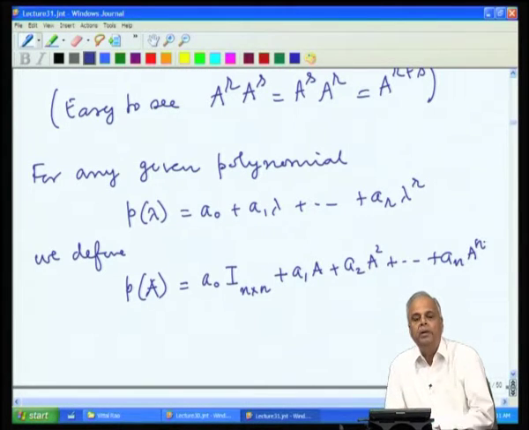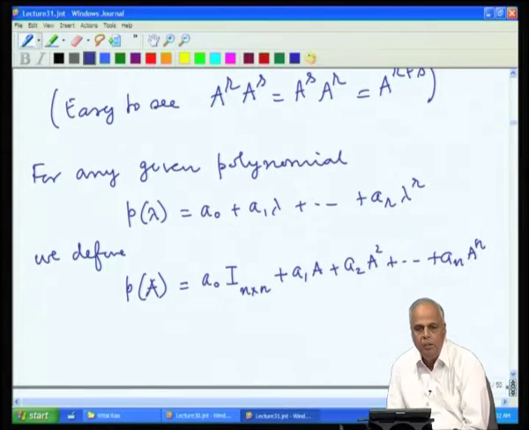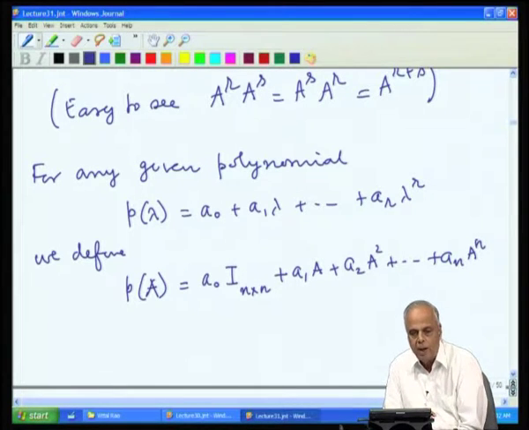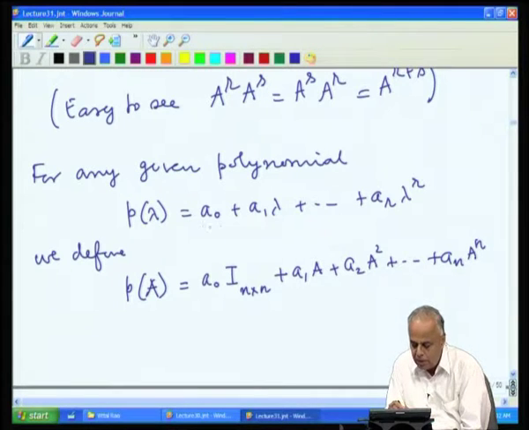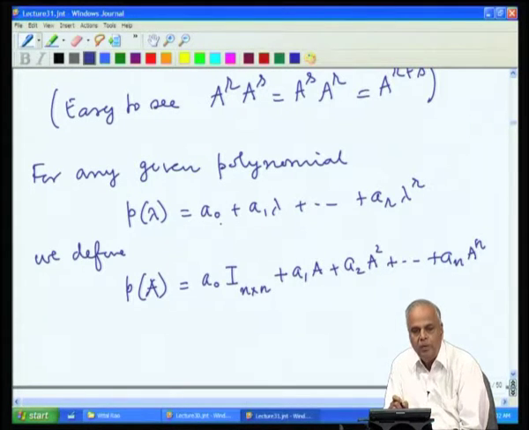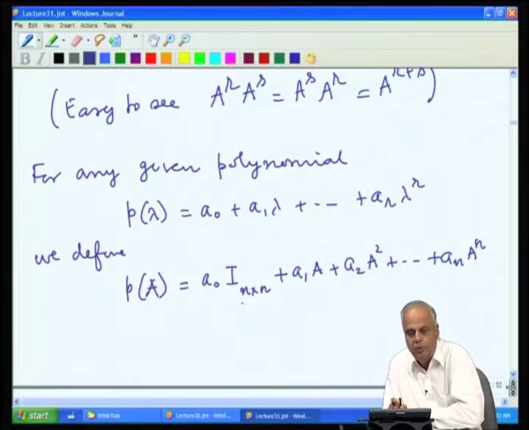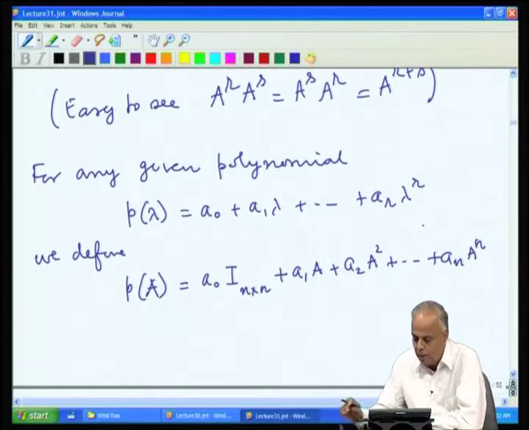In other words, in the given polynomial, replace each power of lambda by the corresponding power of A. The first term is lambda power 0, so we replace it by A power 0, which is the identity. Subsequently, we have lambda, lambda squared, and we replace them by A, A squared and so on.